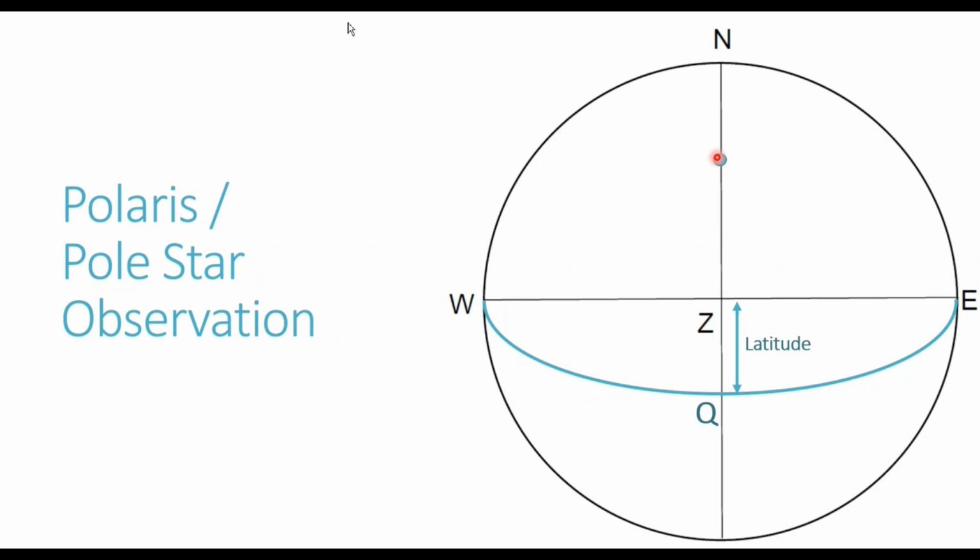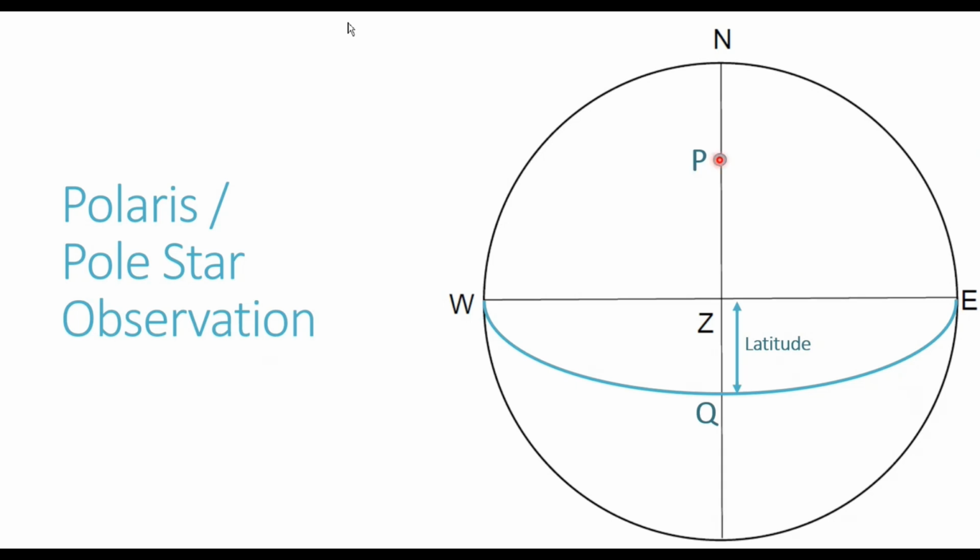The observer is in North Hemisphere, so the pole which will be visible to him will be the North Celestial Pole. The South Celestial Pole is going to be below his horizon. South Celestial Pole will be 90 degrees south of the equinoctial or the Q point, and it will be below the horizon of the observer. So we have the pole shown in the diagram now. Let's mark the pole with point P.